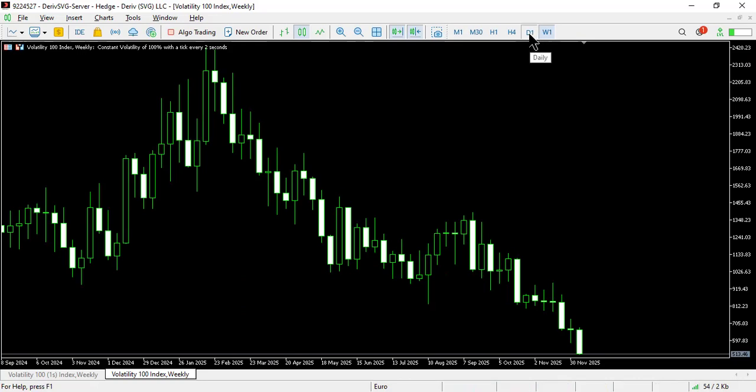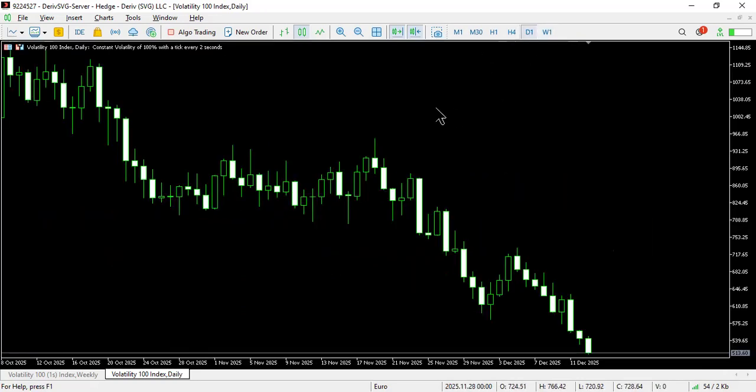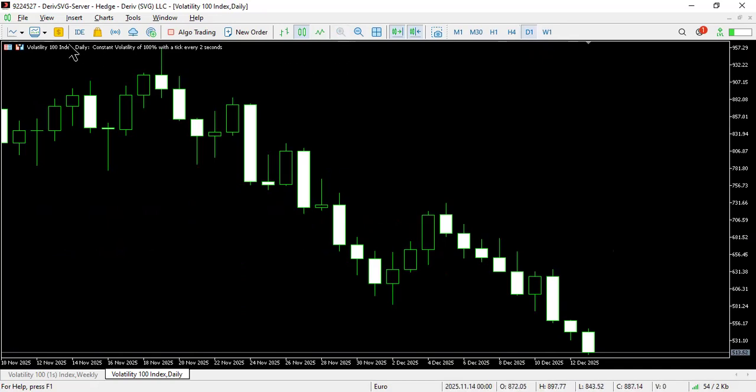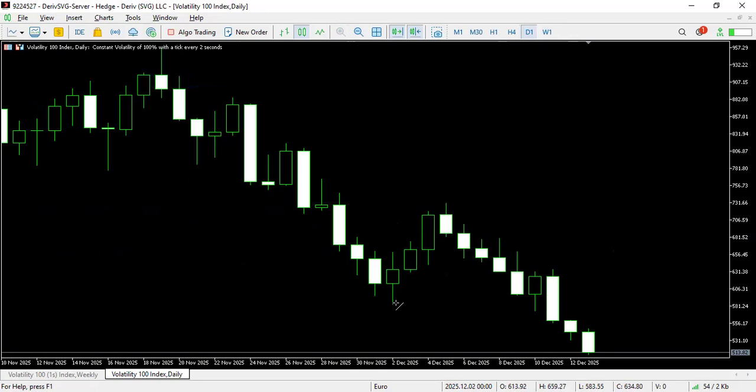And then if we go to the daily time frame, we can see that this is the recent break of structure to the downside.